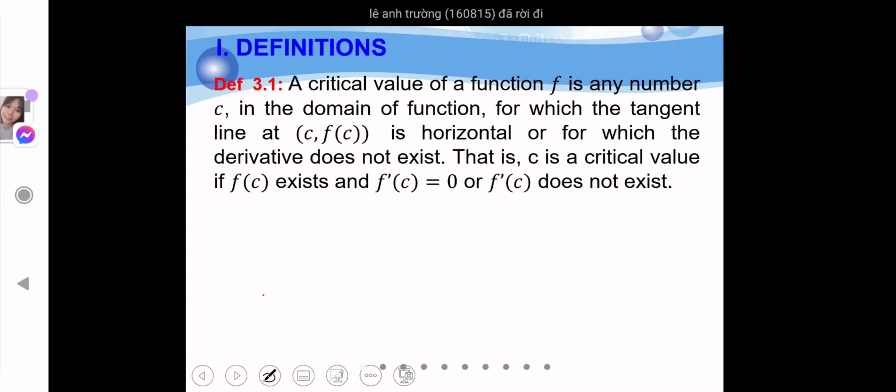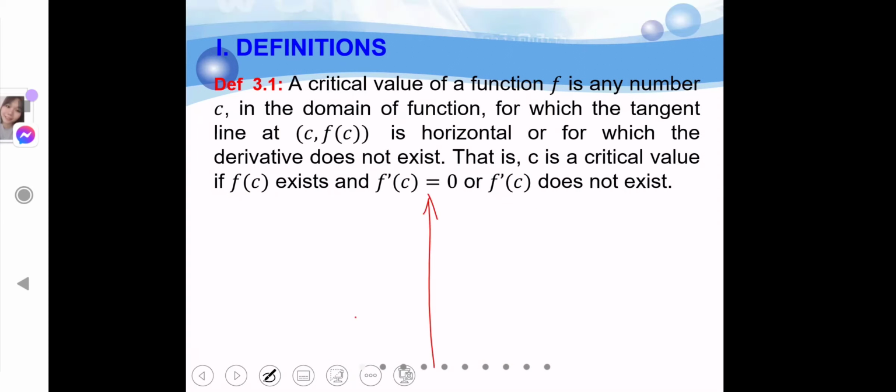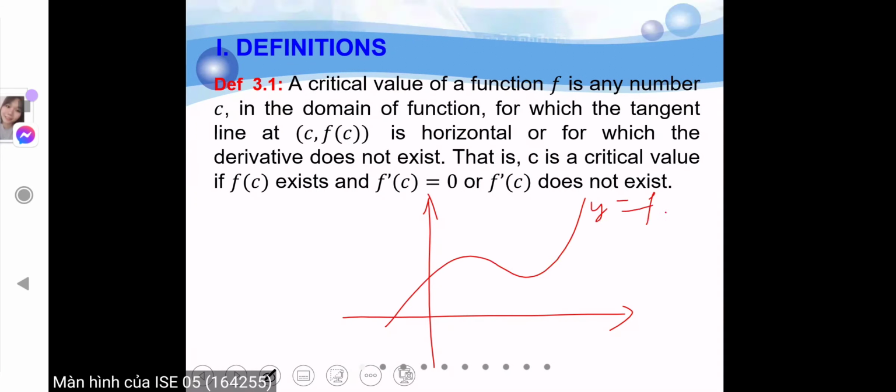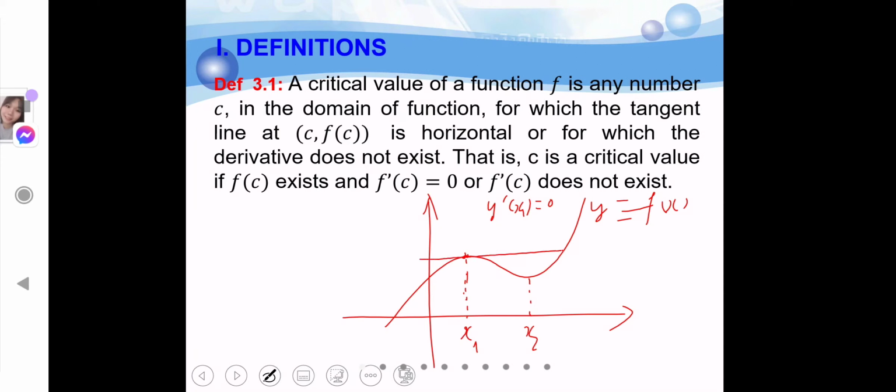You see on the picture, the graph of y equals f(x). At this point, because y prime equals 0, the slope of the tangent line of this curve at this point is horizontal.